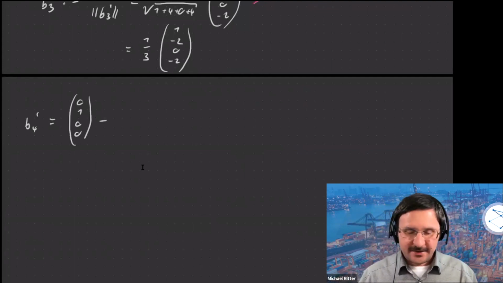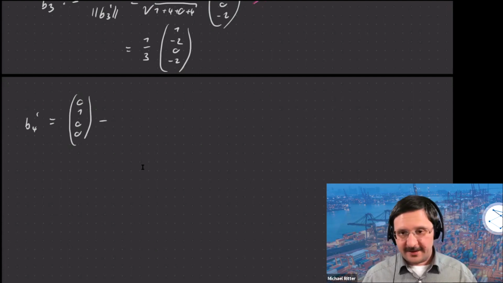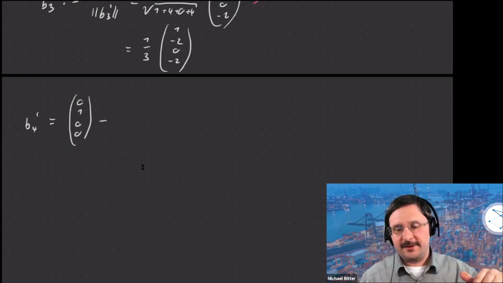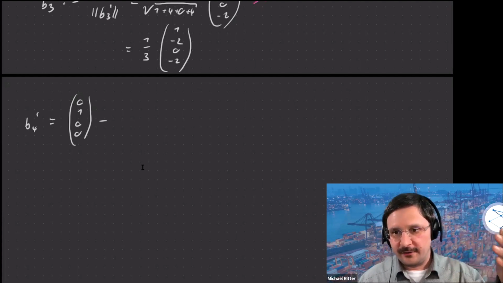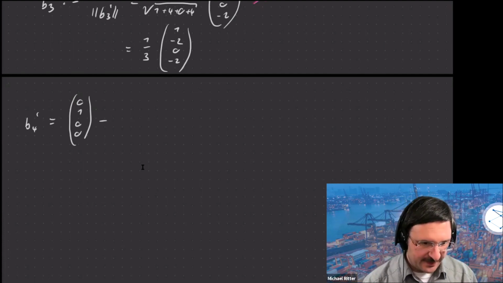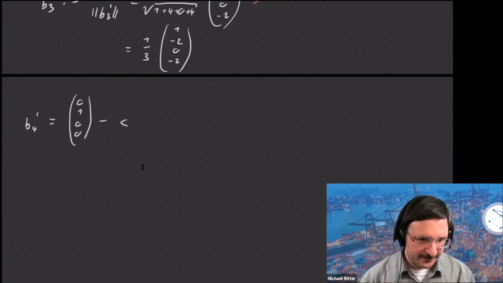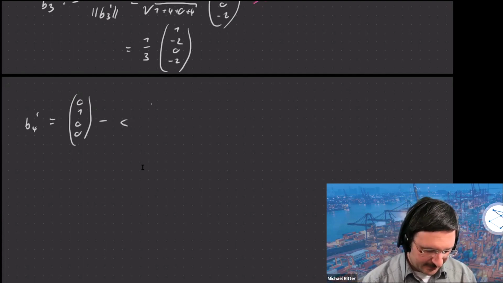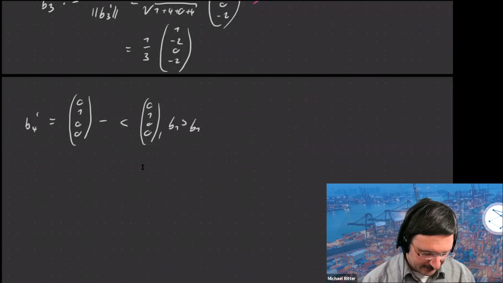And we'll subtract the projection of that vector onto the space spanned by B1, B2, and B3, so that we only retain the orthogonal part. So that means we have to subtract the scalar product of 0, 1, 0, 0 with B1 times B1.